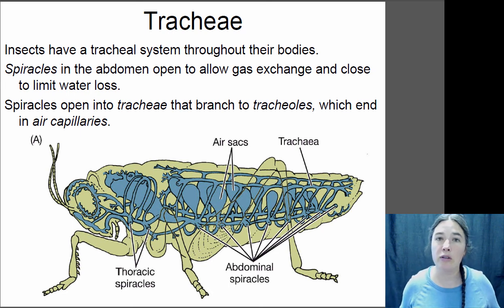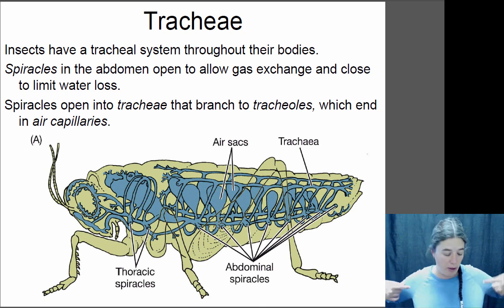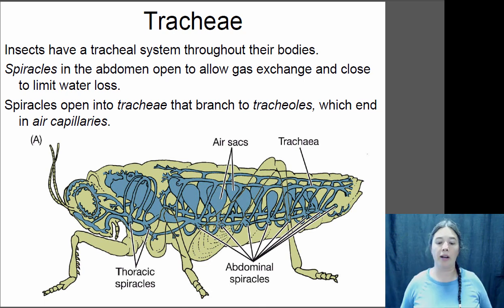They breathe through the spiracles that are along the sides of their body. And those spiracles open into this tracheal system, and gas exchange happens through those tracheae and air capillaries within the insect. So again, it's greatly increasing the surface area like any of these respiratory systems, but it's just a different way of setting it up.